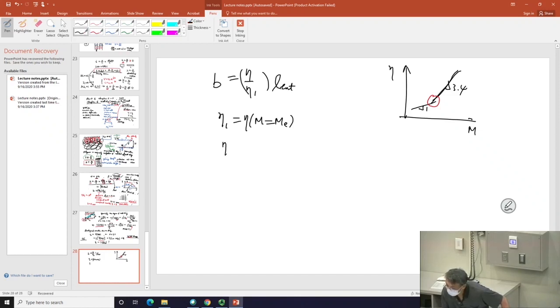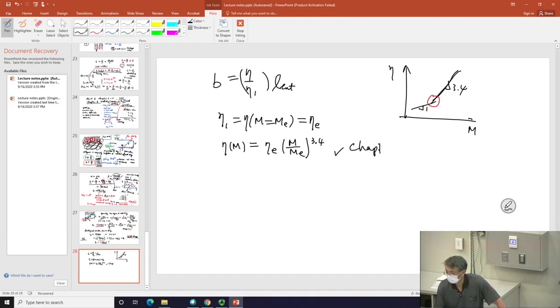If you'd like to think about the viscosity at ME, let me call this eta E. Then essentially, a polymer chain of higher molecular weight has viscosity eta E times M over ME to the 3.4 power. This is developed in chapter 2, but for us it's enough to acknowledge that this is the case.